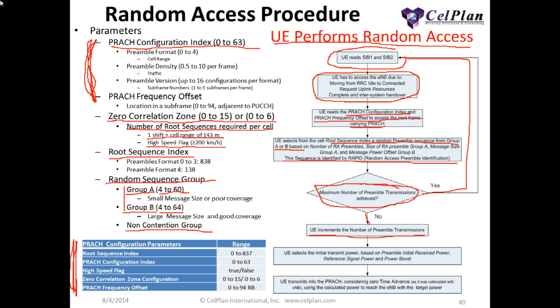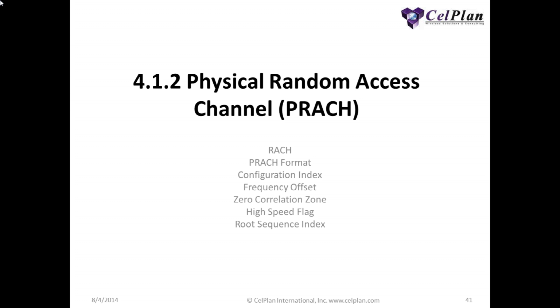And at this moment, it will adjust the initial power and increase by a step. And it will transmit considering zero time advance. So at this moment, the UE is accessing the random access area.